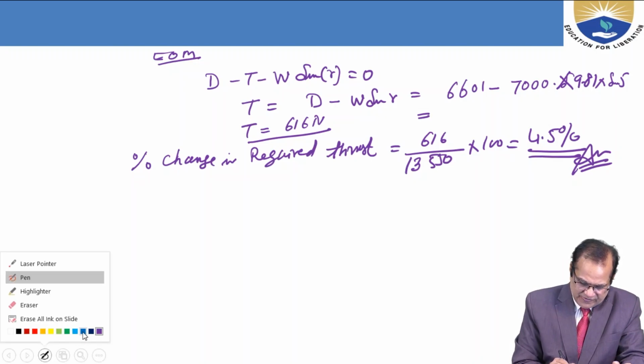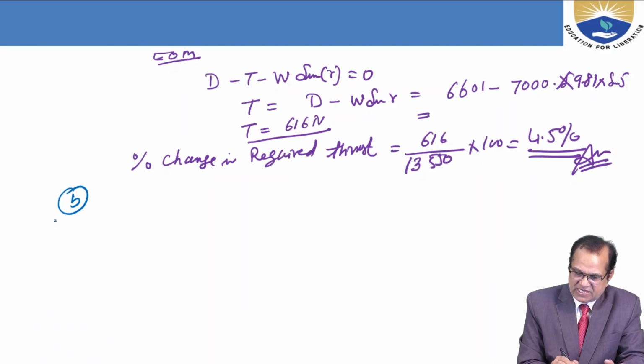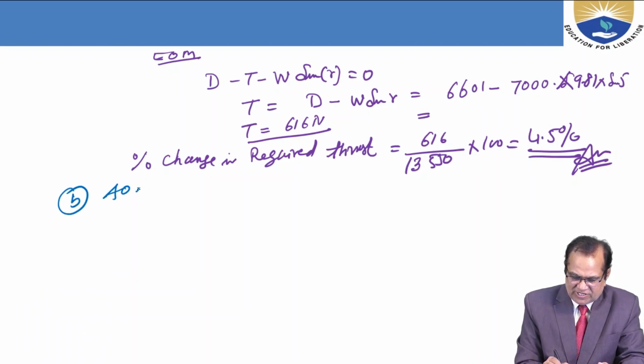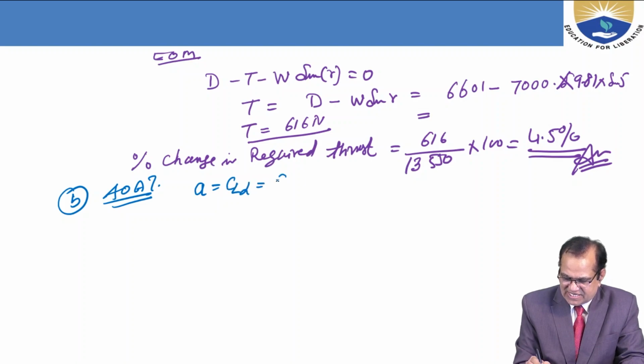Now we have to solve another problem, that is problem B. We have to find out the angle of attack. And we know that A is equal to CL alpha, which is CL by alpha. So alpha is equal to CL by CL alpha.